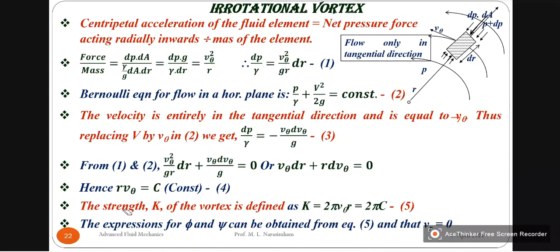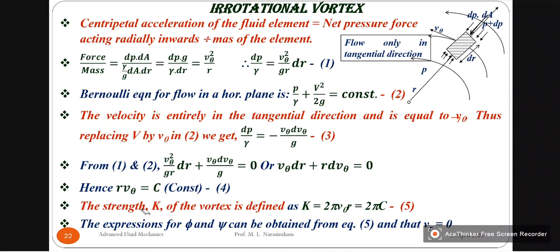Now, the way in which we defined the strength of the discharge Q, here we call the strength of the vortex K, which is similar to discharge. The discharge is velocity multiplied by area. Here the velocity is V theta and the area is 2 pi r into 1. So the discharge is 2 pi r V theta, which we are calling a constant.